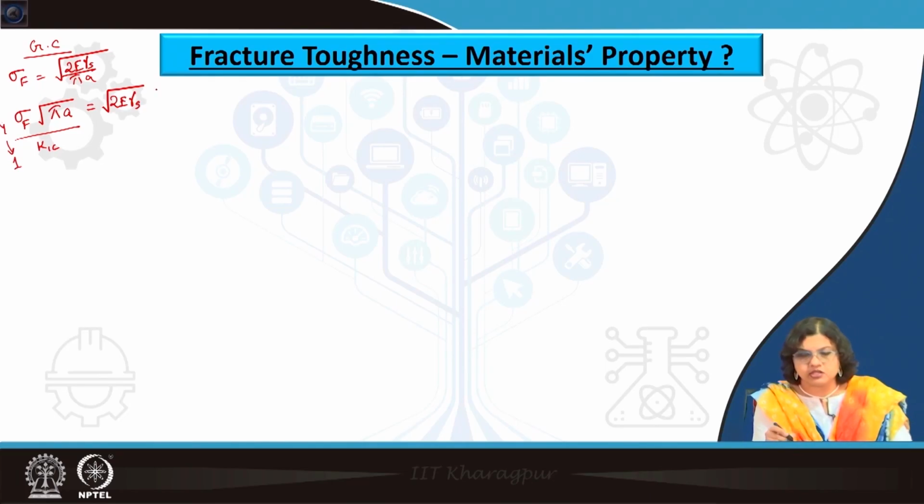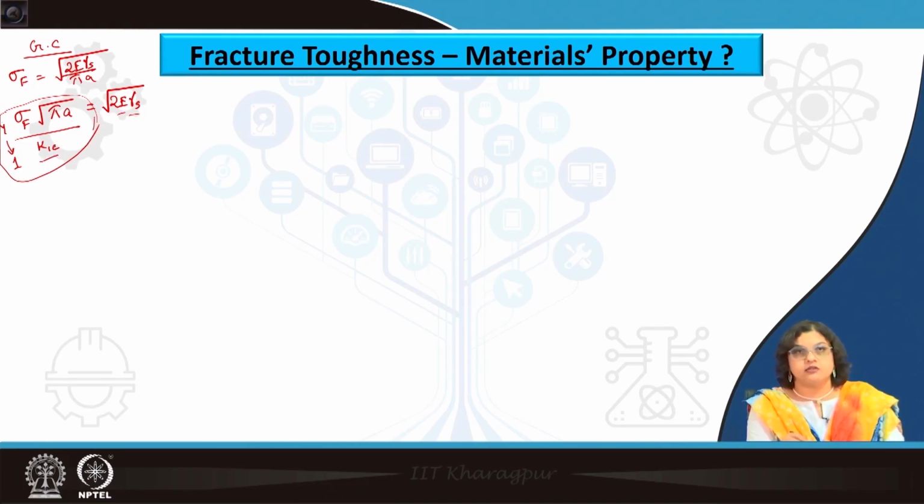We have talked about this, that since E and gamma s, the elastic modulus and the surface energy, both are materials property, that makes this part on the left hand side of the equation, sigma f root over pi a, or for that matter K1C, considered as a materials property. Okay.